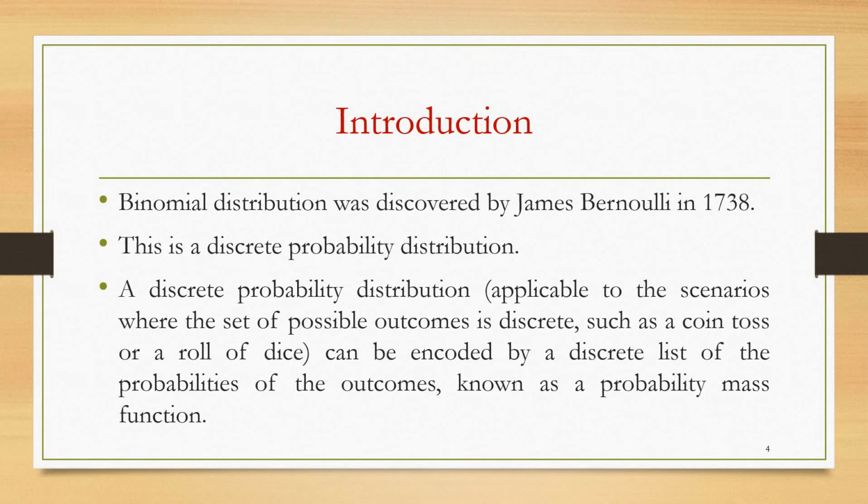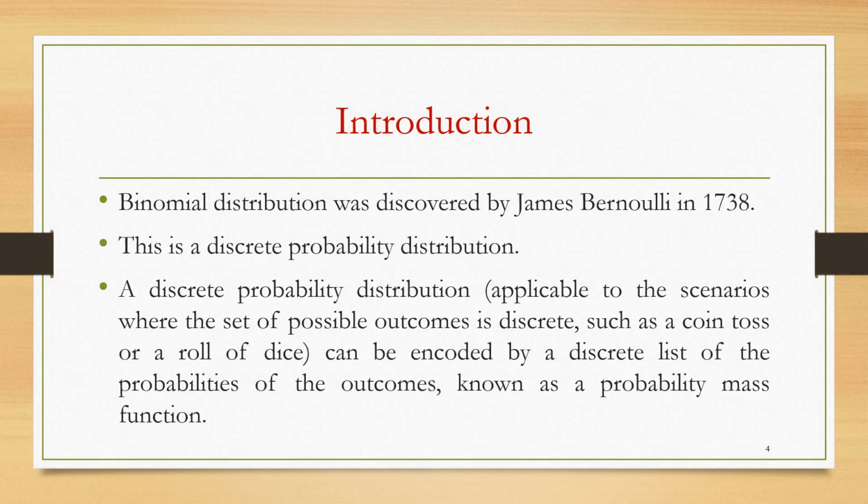Binomial distribution is named after Bernoulli, who first invented the Bernoulli Trials, and then we led it to the binomial distribution. Binomial distribution is the first discrete distribution we are going to study.